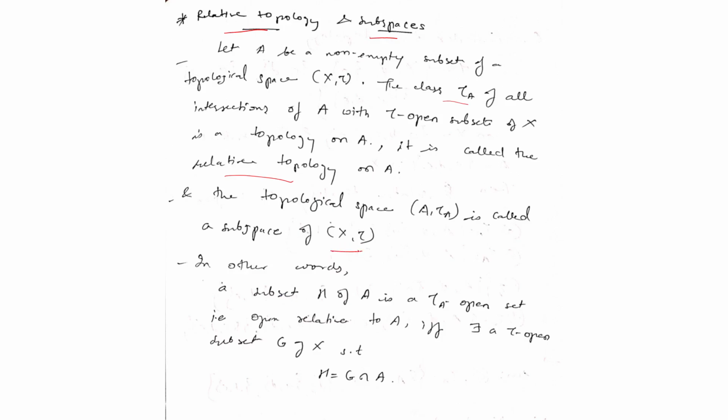I hope it is clear. In other words, a subset H of A is a tau A open set, that is, open relative to A, if and only if there exists a tau open subset G of X such that H is equal to G intersection A. So if a subset H of A can be written in this form, G intersection A, then this forms the topology on A. This is the definition of relative topology on a subset A of a topological space (X, tau).